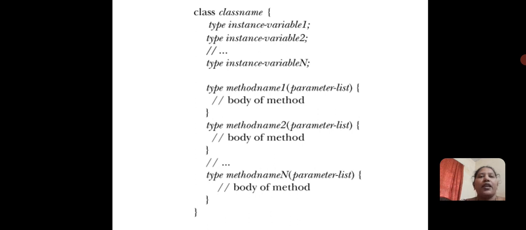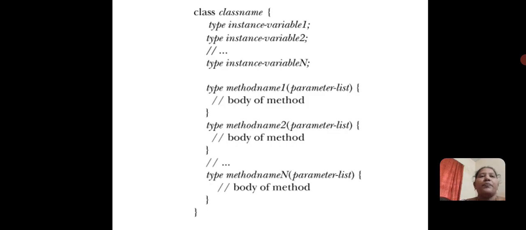Therefore int a is considered as an instance variable, and n number of variables can be defined inside the class. Similarly, the methods that you define inside the class are called instance methods. For that again, the return type of the method, then the method name followed by the parameter list. So this is the syntax for a class.